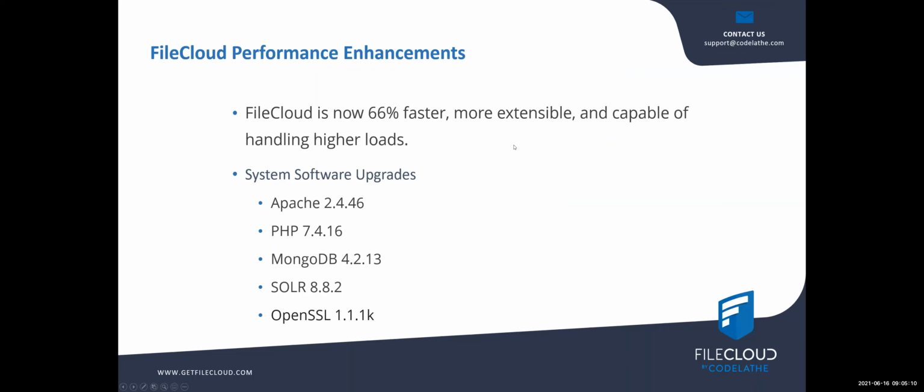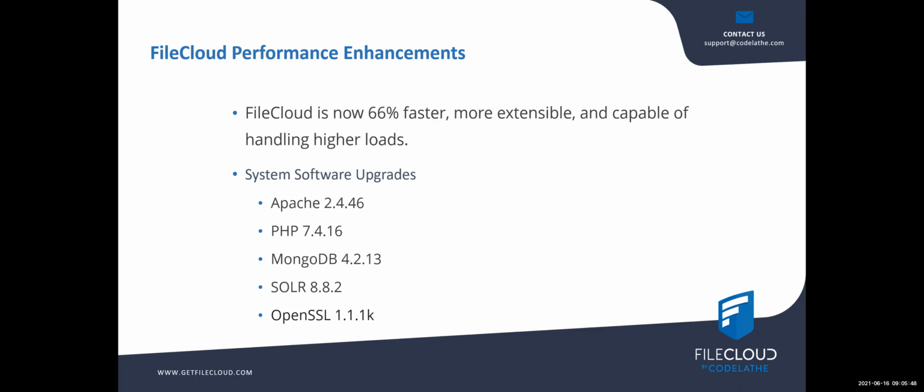For performance, in general, there has been many rework items on the server side that is making the server run 66% faster on average. If you're running FileCloud on your server or on premise, you will notice a highly noticeable boost on the performance, on how things are being processed on the queues in the background, and how much memory, for example, the Apache service is using.